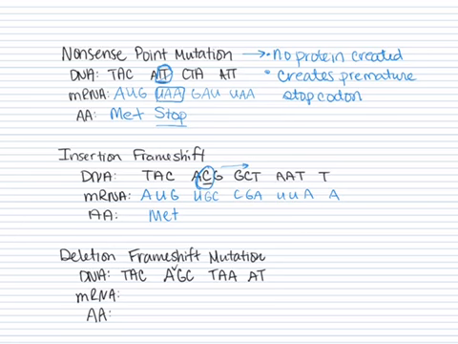UGC is cysteine, so CYS. CGA is arginine, ARG. UUA is leucine. And then we can't code for this because it's not a complete codon. But basically what would happen is it would just keep going until it hit a stop codon.